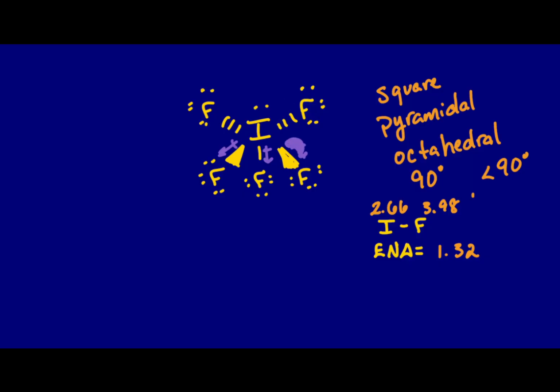So we will no longer have these individual dipoles for the square-shaped fluorines in our shape here. That only leaves the fluorine that, in this perspective, in the negative y-axis, the one that is going down. Because that is the only remaining dipole, there's nothing up top to cancel it. That is going to make our molecule polar overall.